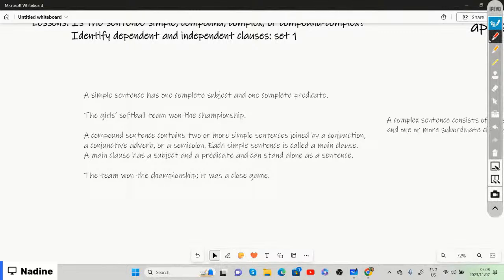That is a complete sentence, a simple sentence. There we have the subject, which is the girls' softball team, and we have our predicate, won the championship. And this is a complete sentence.